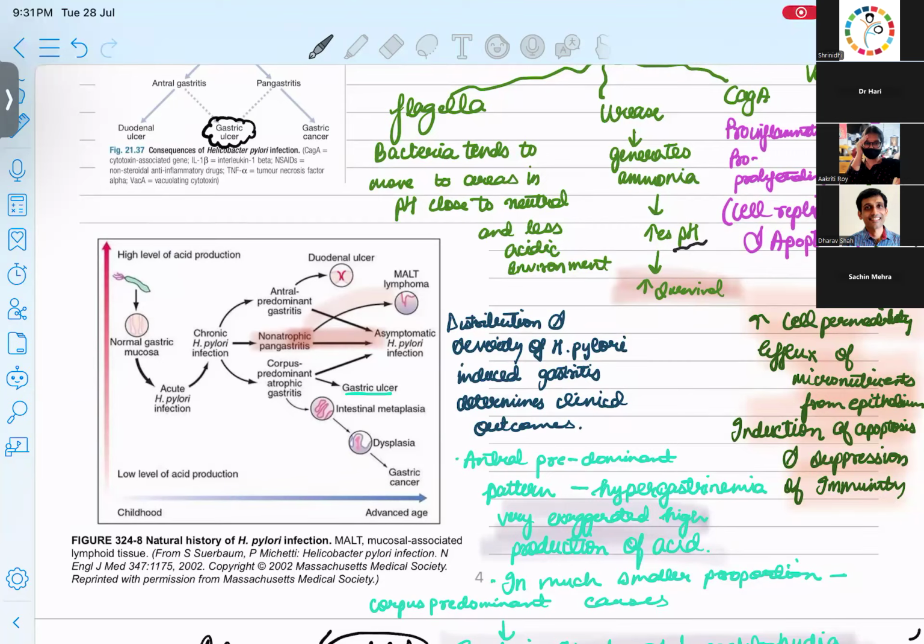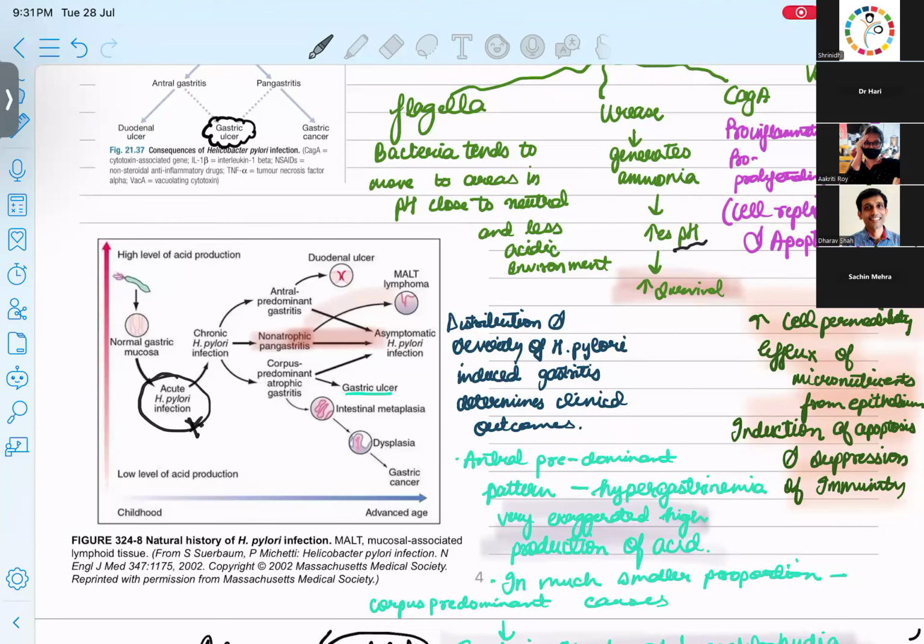So we have to understand the natural history of H. pylori infection. Now the factors which I said have worked well and H. pylori has entered into the gastric mucosa. We can have an acute H. pylori infection too, which we saw above.